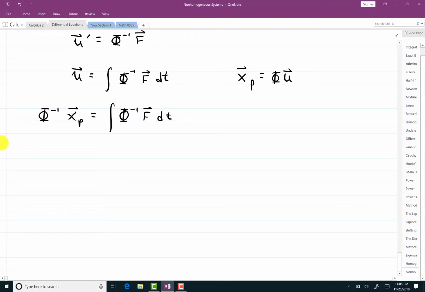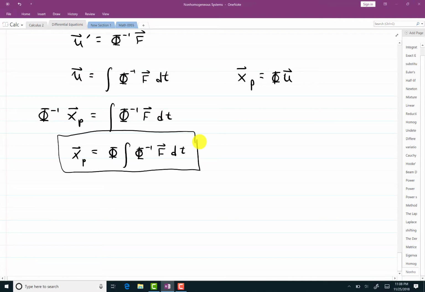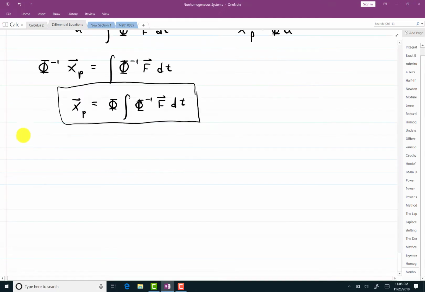And then I can finally get my solution for xp to equal phi times the integral of phi inverse f dt. Of course, you cannot pull this phi in there, and you cannot pull the phi inverse out of there because they have functions of t for their entries. This is the formula then that I'm going to use. This is the variation of parameters formula. So let's go ahead and do an example.